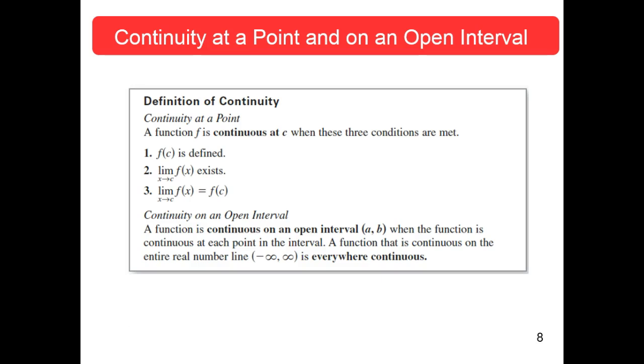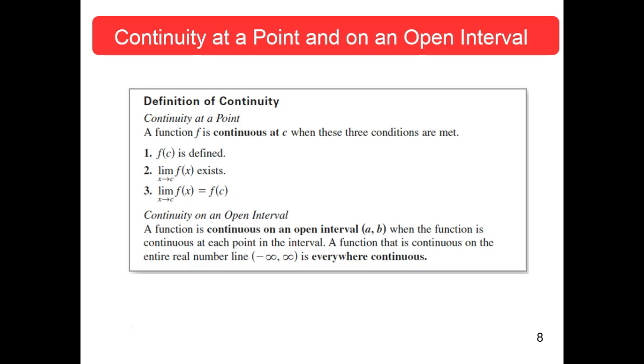Number two, the limit as x approaches C of f of x exists. So f of C is defined and the limit exists. Okay? That has to happen. That means the right and left hand limits exist. But number three is also required: the limit of f of x not only must exist, it must equal f of C. If it doesn't, when you plug in the C, like that one that had the dot out of place, that's not continuous.